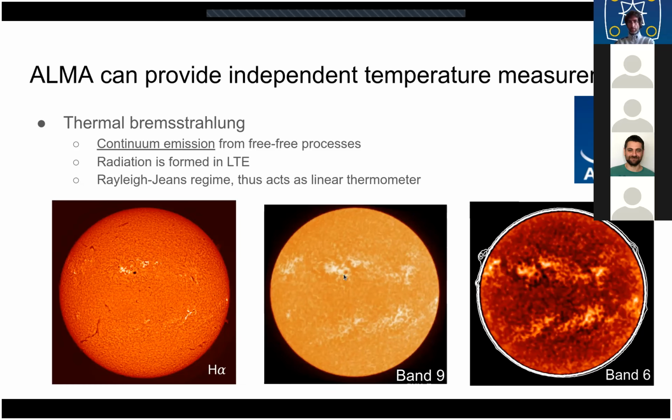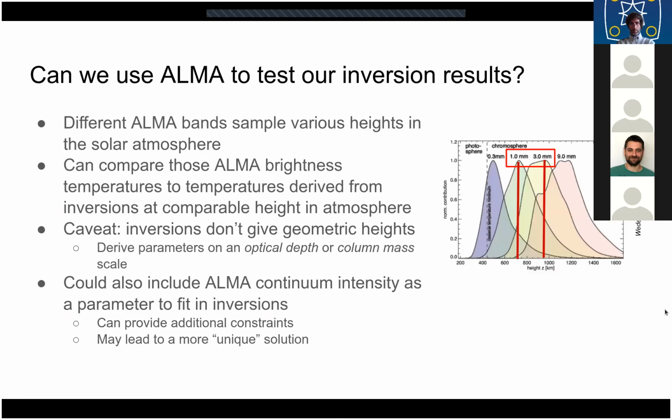You can see here that, for instance, in H alpha, we see these active regions at various points across the solar disk. And if you look at the ALMA observations, they very strongly correlate with these active regions. The chromosphere we see is apparently hotter in those active regions. And this is just a direct observation, which is great.